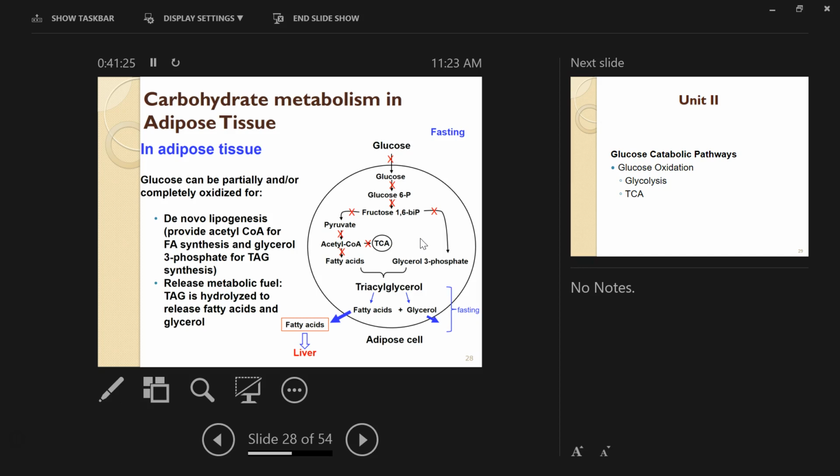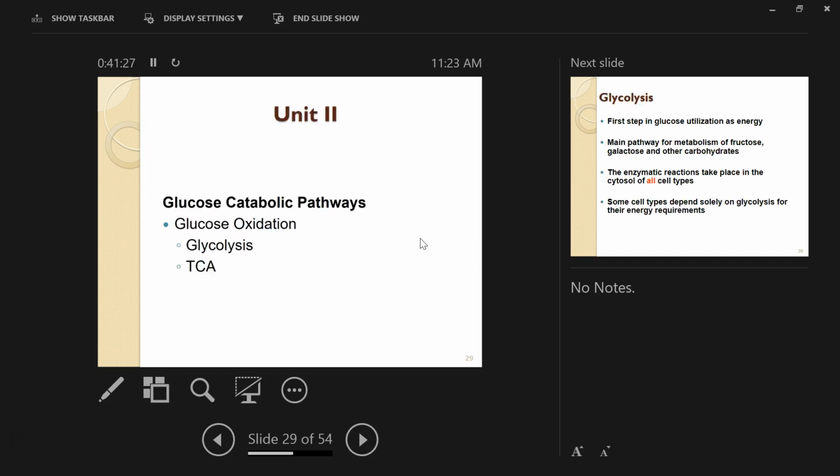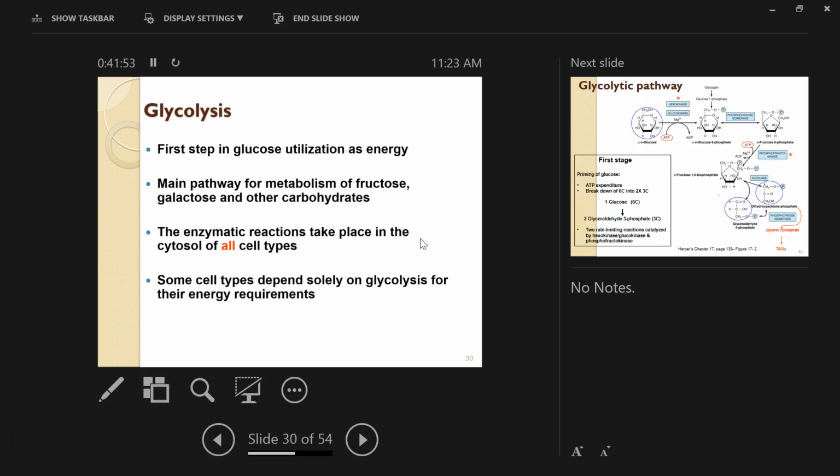Okay, so now let's talk about the more specific pathways, each pathway of glucose metabolism, right? Talk about the catabolic pathway first. So glucose oxidation involves both glycolysis, right, from glucose to pyruvate, and the TCA cycle, like complete oxidation, right? So glycolysis, let's talk about glycolysis.